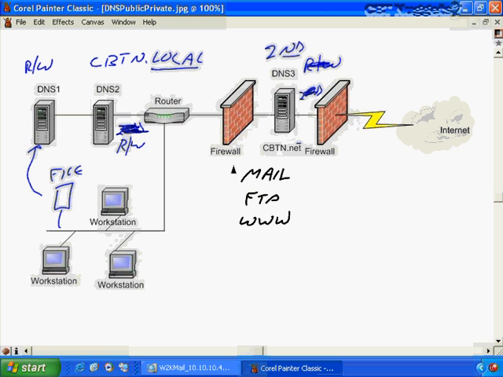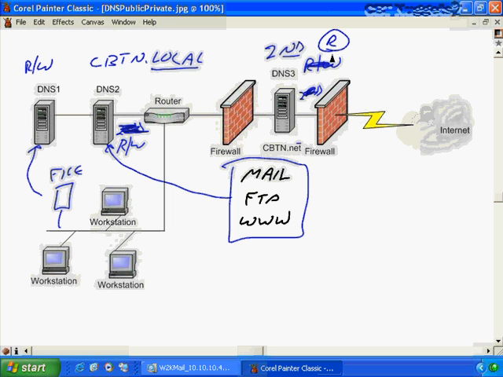All of these kinds of records right here are really stored on this server, and then we just transfer them via zone transfer to this secondary. Now, since this is a secondary, that's again a read-only copy of the zone file, and nobody can then make write changes to it.